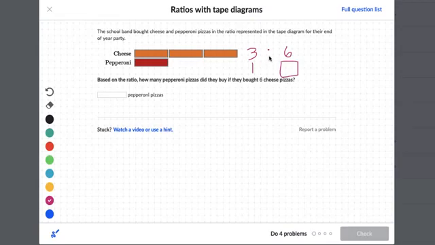So normally, let me write it like this. You don't have to write it like this, but I like to label things so that I don't get it all mixed up. 3 to 1. 3 cheese, 1, 2, 3, and pepperoni 1. Okay, and 6 cheese pizza, so that's in the right category. And then we have the box here because we don't know how many pepperoni.